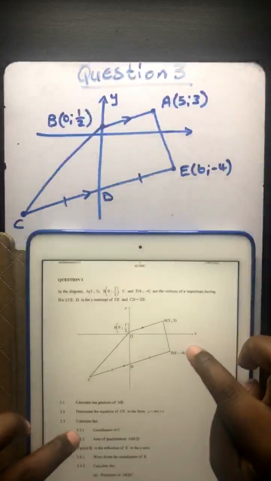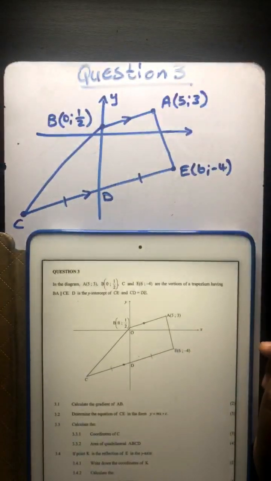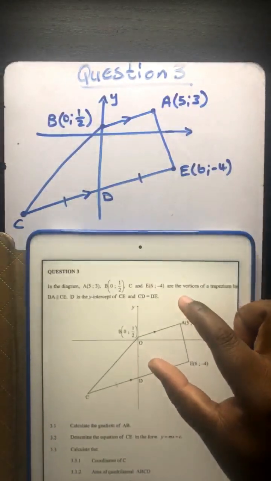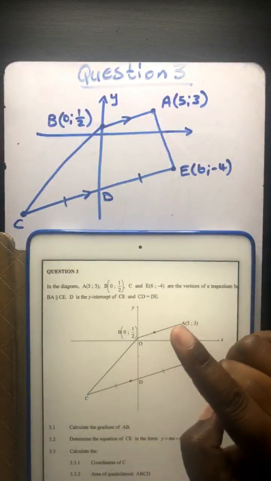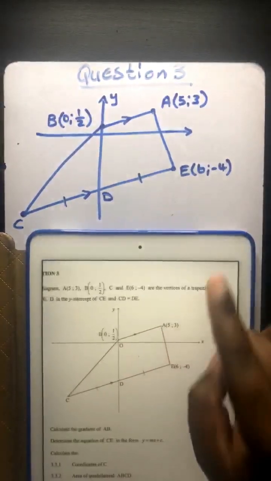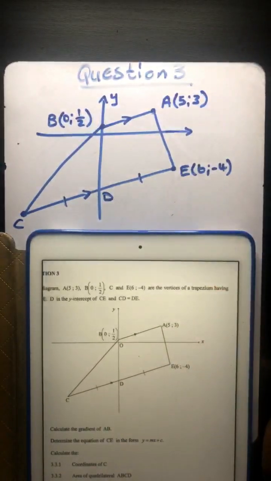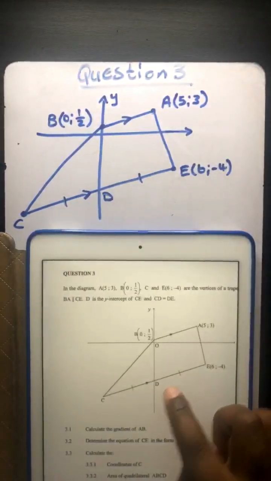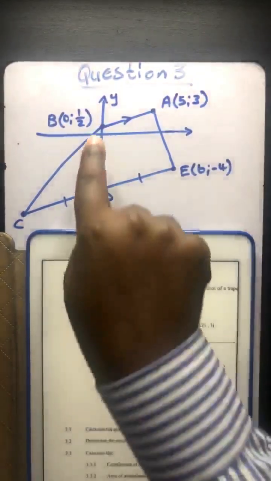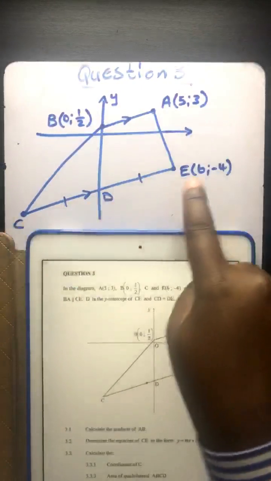Read through that. In the diagram, we have a point A with (5; 3), and then B with (0; 0.5), C being that point there, and E being that point there, are the vertices of a trapezium, having BA parallel to CE.